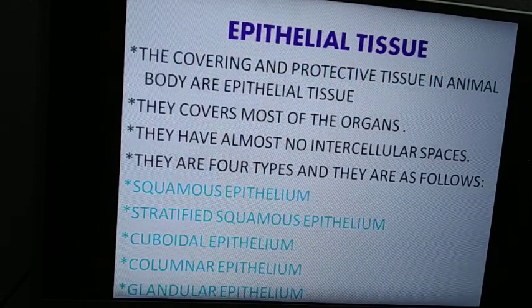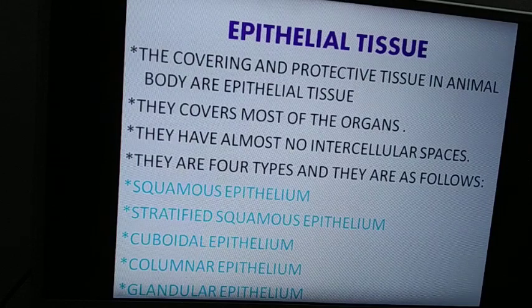Epithelial tissue. The covering and protective tissue in the animal body is epithelial tissue. A polar bear has a thick fur-like structure, but that is not epithelial tissue. Like that, in an animal body, its skin protects it. So, skin is made up of epithelial tissue.